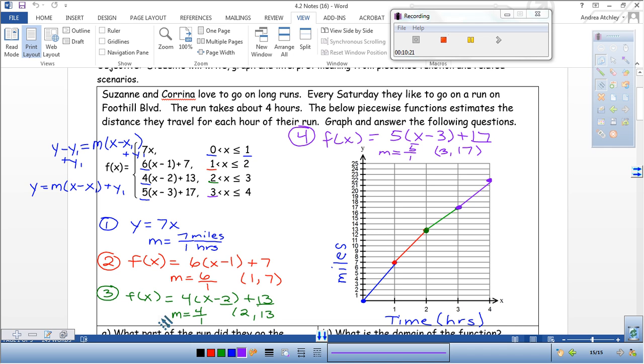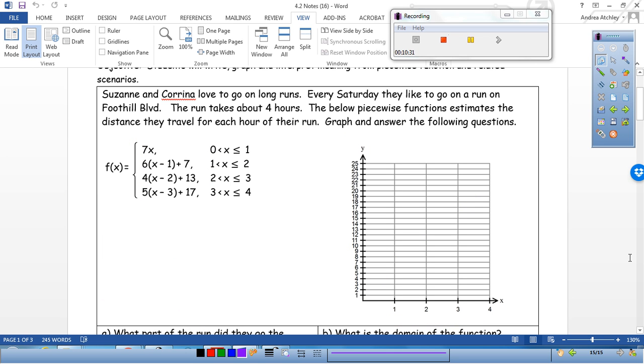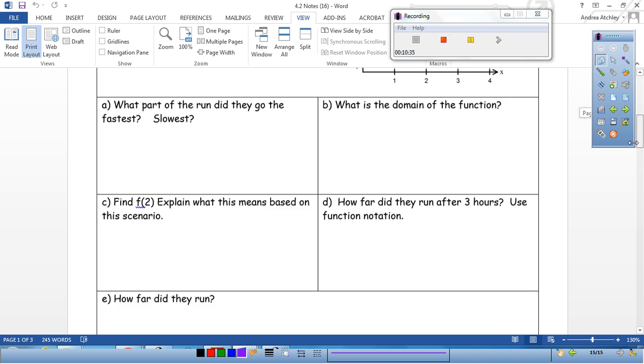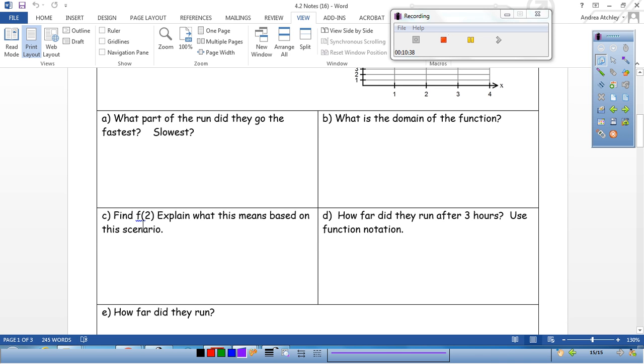Any questions over that? Okay, now we're going to use that graph to answer those questions. I want everybody to answer these questions in your pairs. When I ask you for what part of the run did they go the fastest, tell me the hours. Between what hours did they run the fastest?